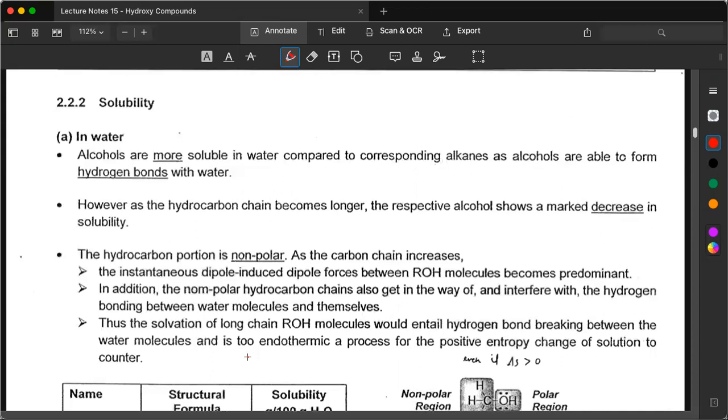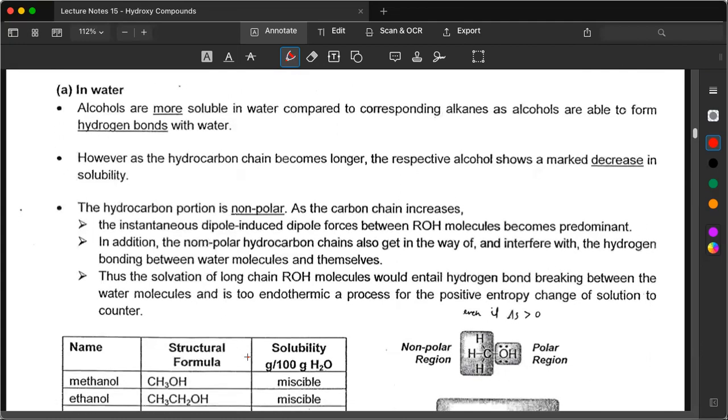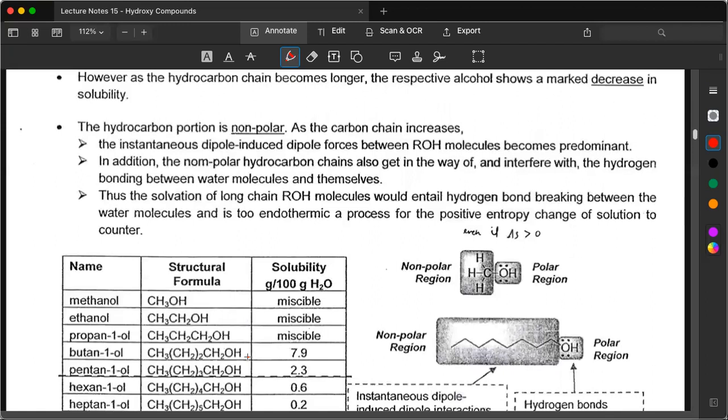Alcohols are more soluble in water compared to the corresponding alkane because alcohols form hydrogen bonds with water. However, with increased length of the hydrocarbon chain, the respective alcohol will have a marked decrease in solubility because the hydrocarbon portion is non-polar.